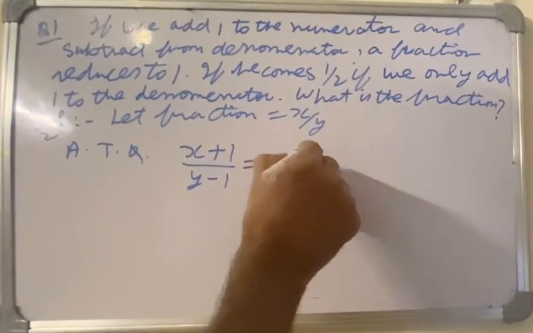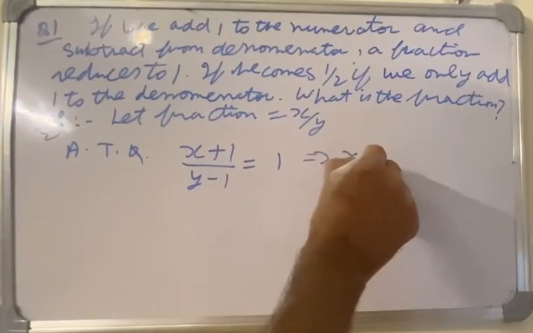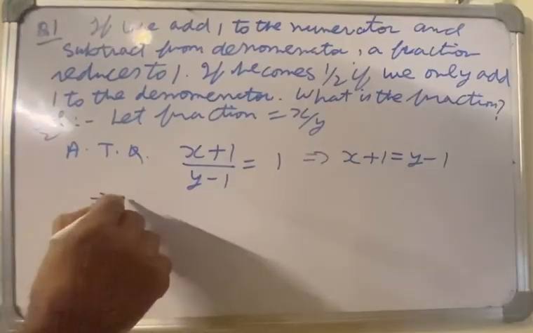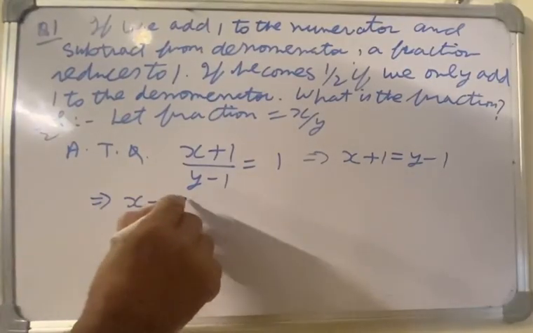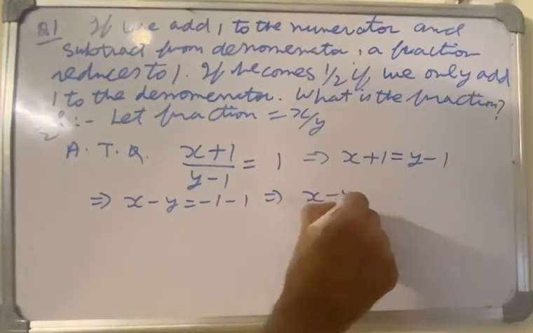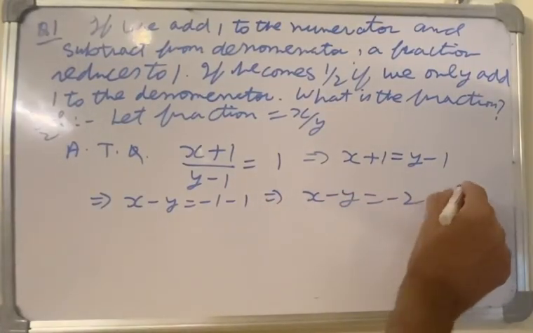Cross multiply, x plus 1 is equal to y minus 1, then x minus y is equal to minus 2. This is number 1.